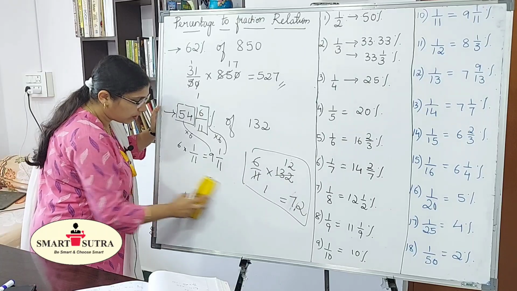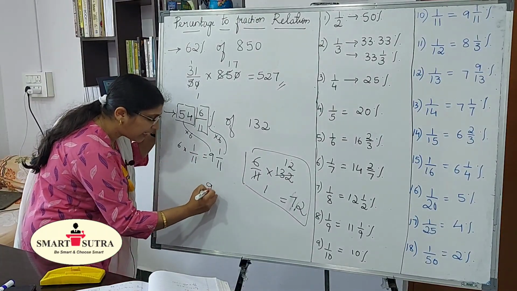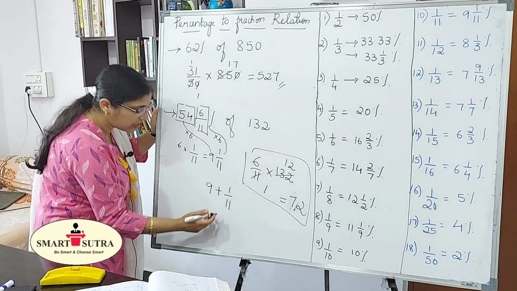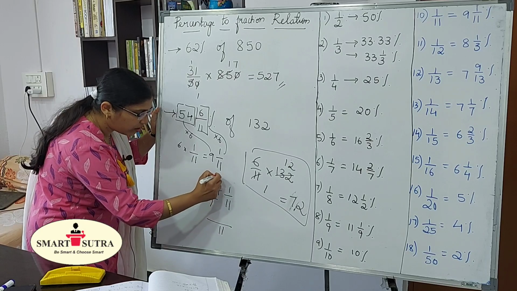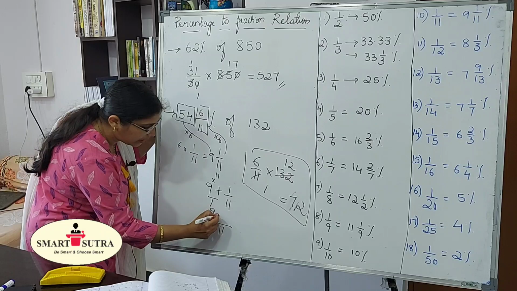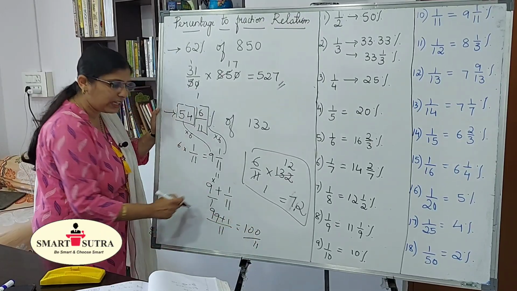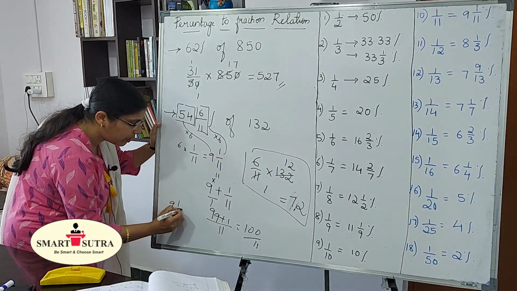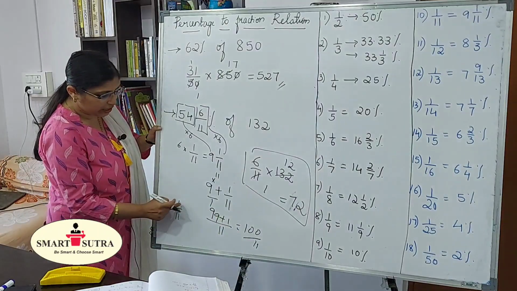Now for example, we'll clear it up a little more. 9 1 by 11 can be written as 9 plus 1 by 11. Taking the LCM, you will get 11. So 11 9s are 99 and plus 1 is 100 by 11, isn't it? If you write it as a mixed fraction, how will you write? 11 9s are 99, 1 will remain, and by 11 as it is. 100 by 11 is nothing but 9 1 by 11.